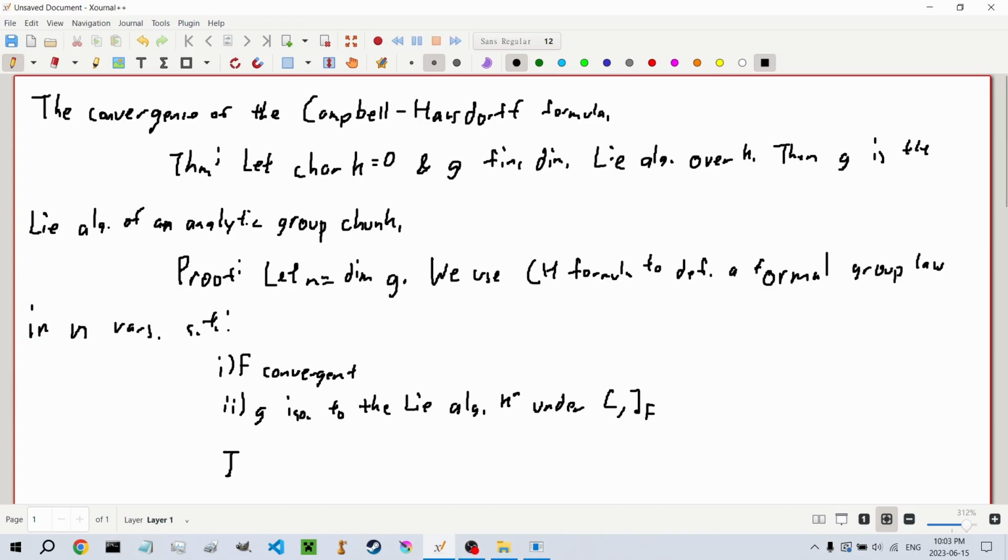Okay, so for step 1, we pick a basis for G in n variables, of course.